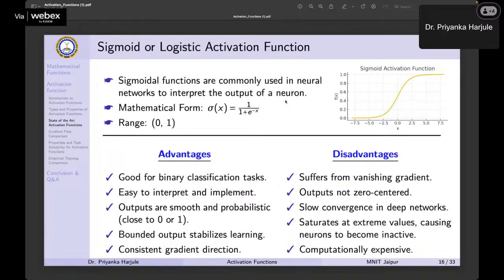The biggest disadvantage here is vanishing gradients. The gradients become too small, making it very hard for the deep networks to learn. It's not zero centered, it's having very slow convergence, because deep models like the VGG or the ResNet avoid the sigmoid in the hidden layers because of its slow convergence.